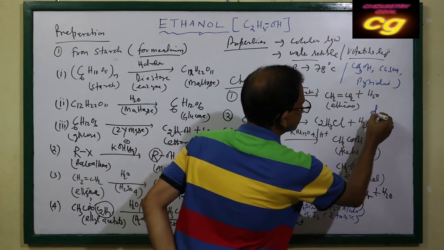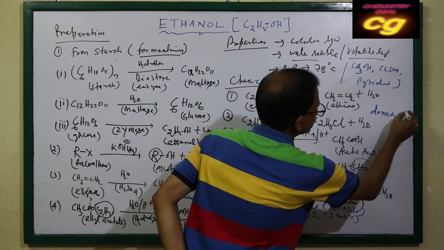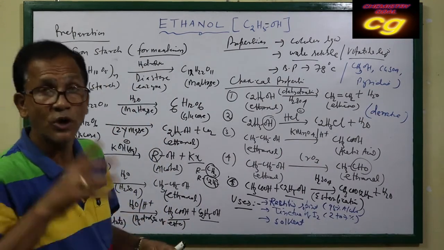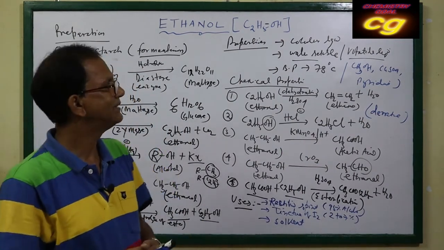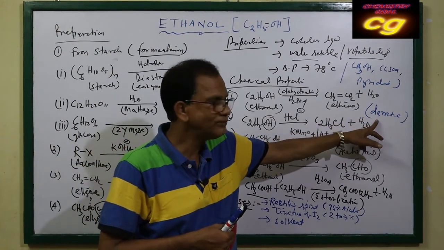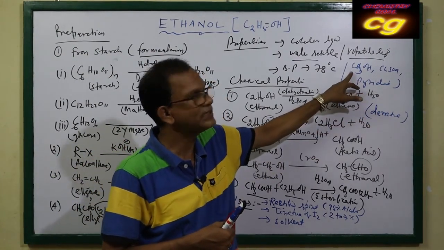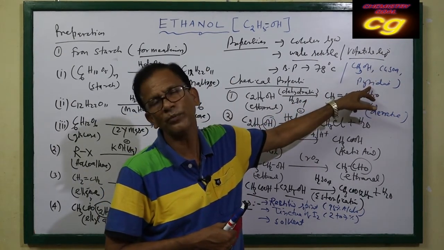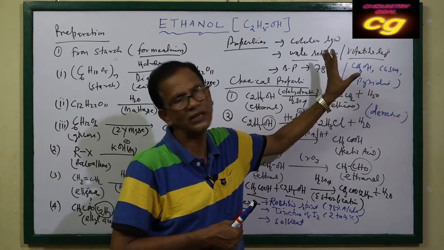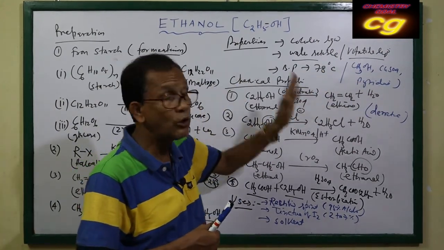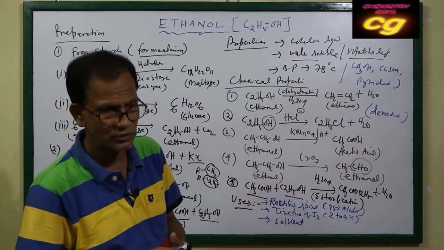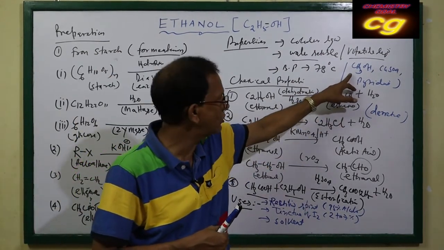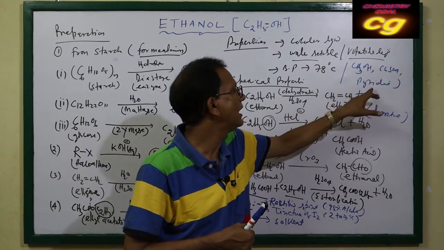Denatured alcohol is alcohol which is not suitable for drinking and is produced by mixing methanol, copper sulfate or pyridine. You remember this, it is very important for your competitive examination. Ethanol is denatured, not suitable for drinking, when it is mixed with methanol, copper sulfate and pyridine.